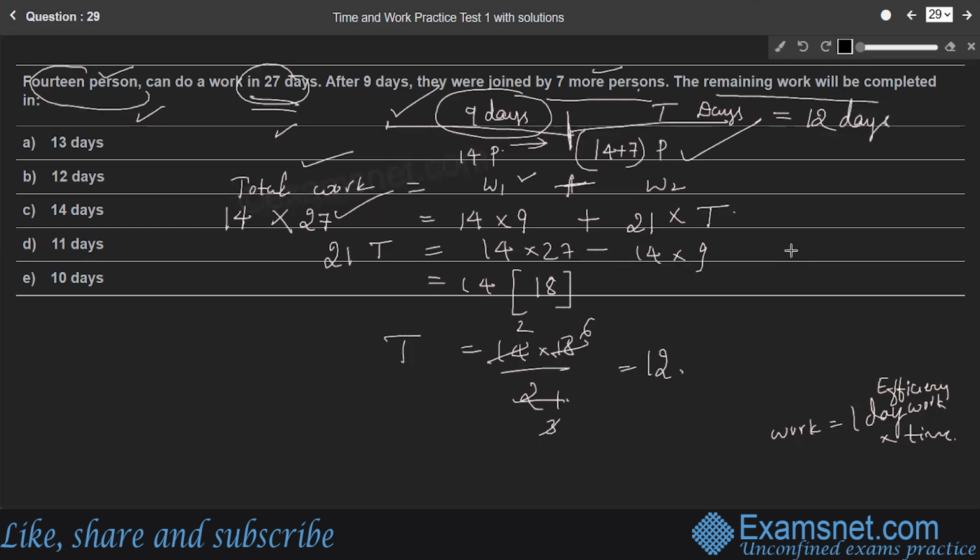The remaining work will be completed in 12 days. Option B is the right answer. The first part of the work has been done in 9 days by 14 persons, whereas the second part has been done by 21 persons in 12 days. Option B is the right answer.